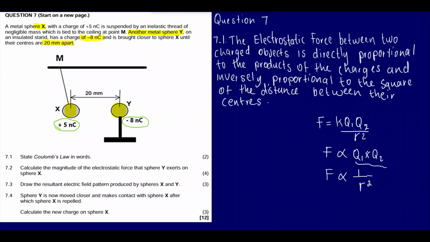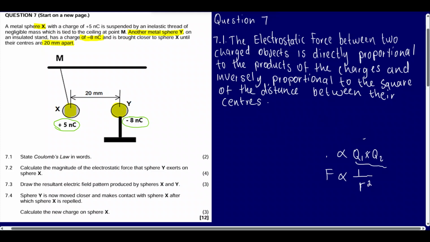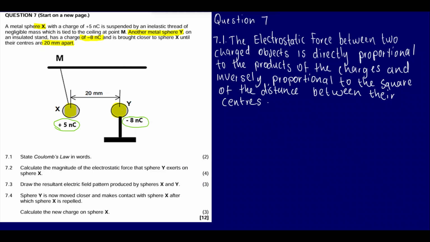Their centers, right? So there we have it, and that is the definition for Coulomb's law. But you can take the one that you feel is more specific, or the one you were given by the teacher. So let's move on to 7.2.